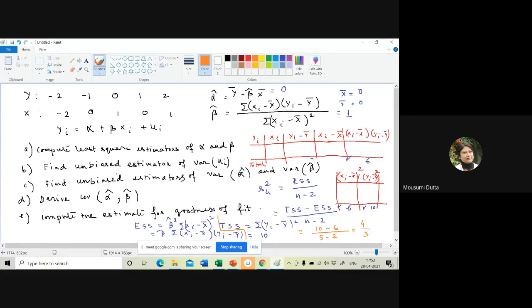So we will move towards part C. Find unbiased estimators of variance of alpha hat and variance of beta hat. Now, Darpak, tell us what is the formula for variance of beta hat?